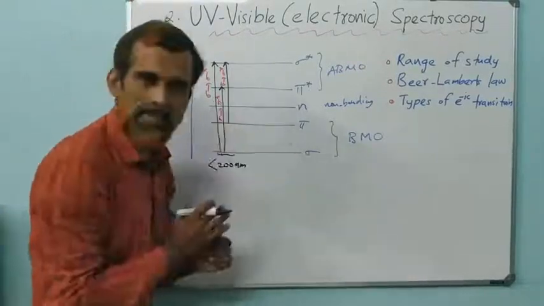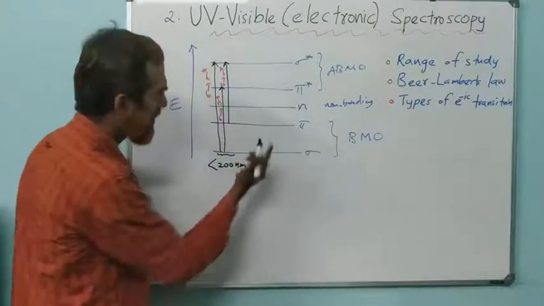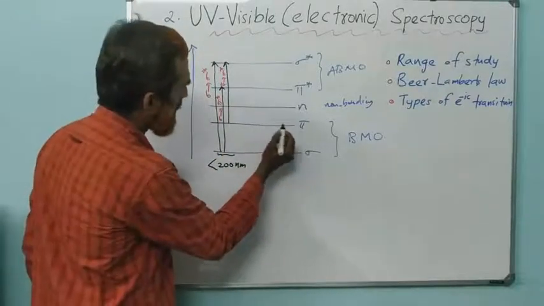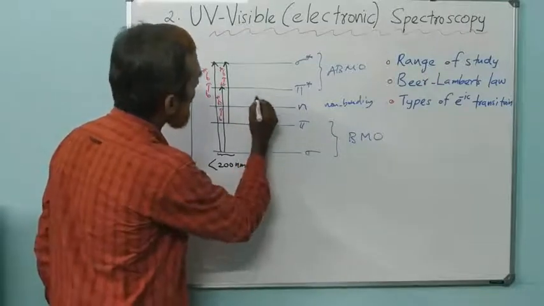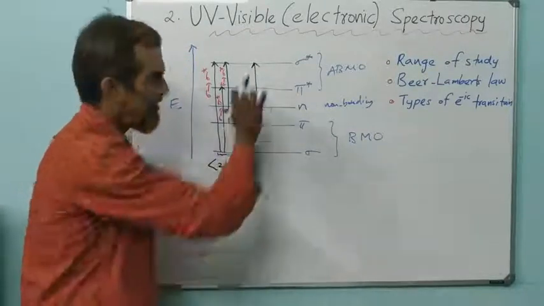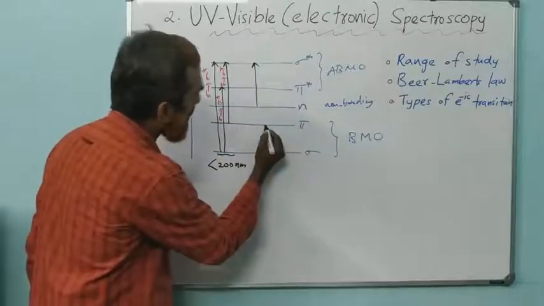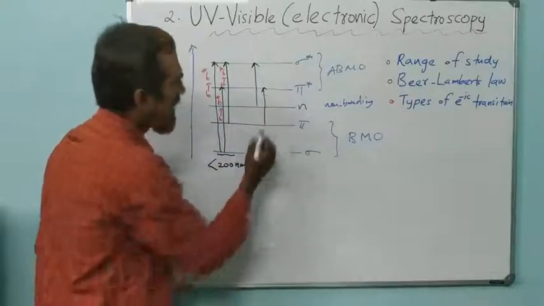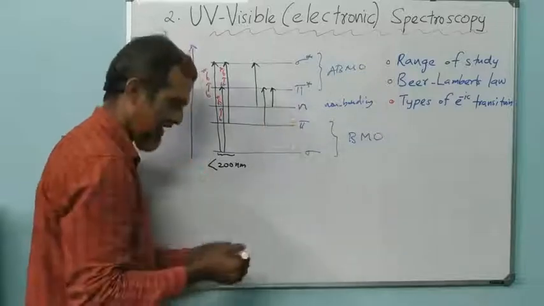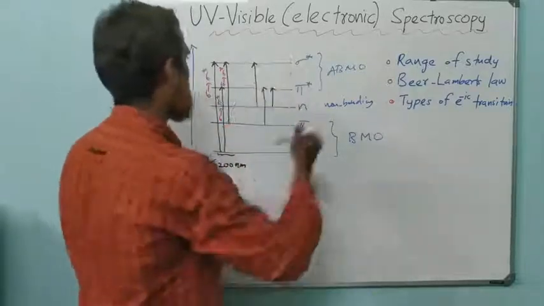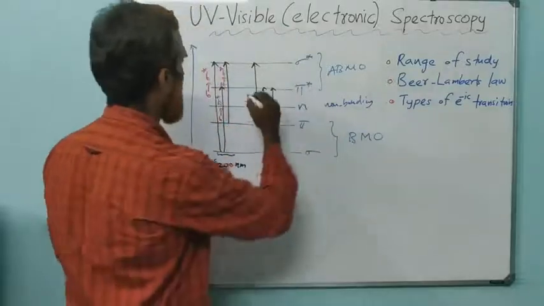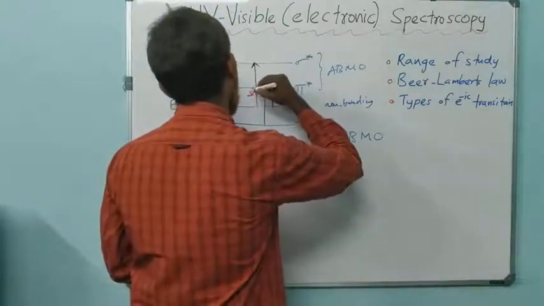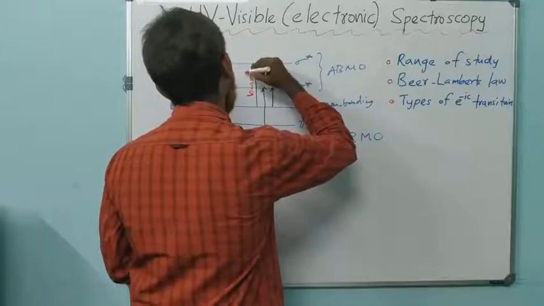Coming to the remaining transitions. Now what are left out? Next possibility is, I am writing it somewhere here, n to sigma star, then pi to pi star, and finally n to pi star. Let us note it. This is n to sigma star.